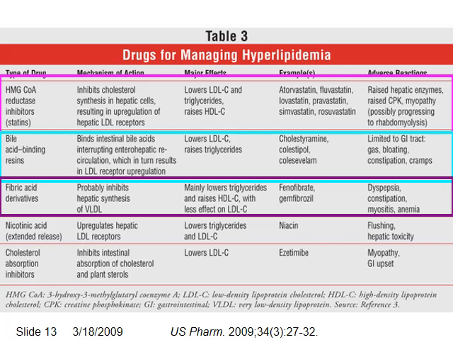And the major adverse reactions that are observed with these fibric acid derivatives include things like dyspepsia, constipation, myositis, or in some cases anemia. And so blood tests will need to be done as well to monitor effects on the blood cells as the patient goes through treatment.